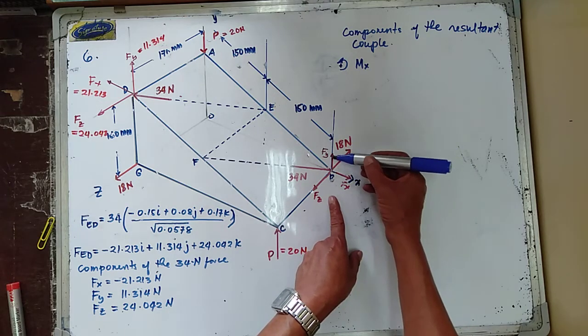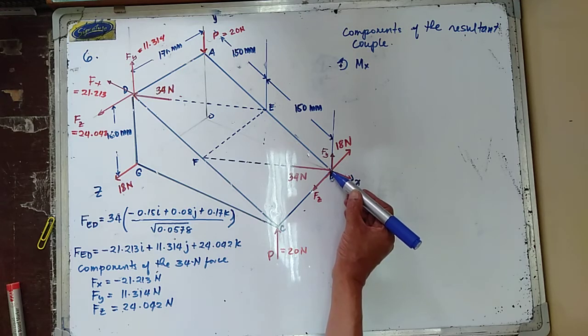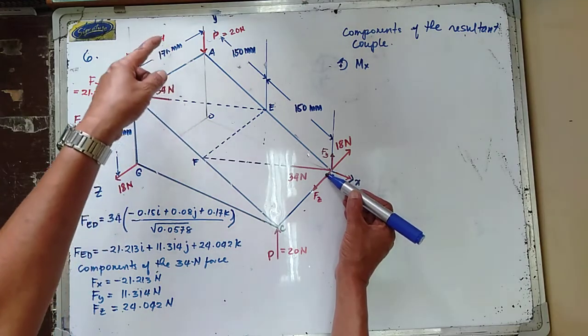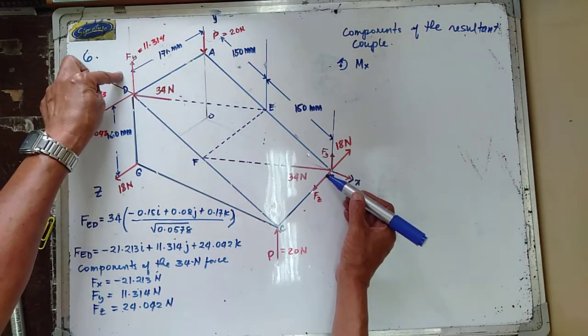The 18, Fx, Fy, and Fz intersect the y-axis, intersect the x-axis. And then, I'm going to start at this point.